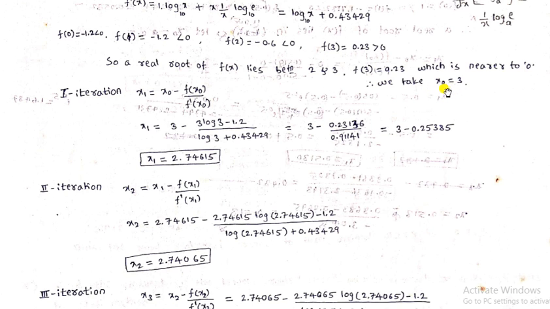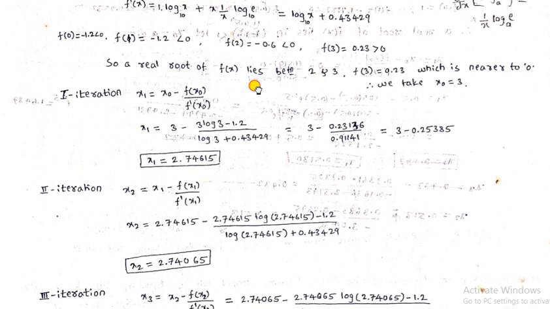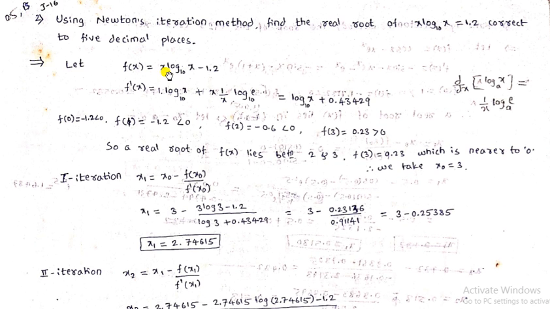So we choose the initial approximation. Now substitute x naught is equal to 3 in this formula. 3 minus f of x naught. So f of x naught is 3 log 3 minus 1.2, then whole divided by f dash of x naught, log 3 to the base 10 plus 0.43429.